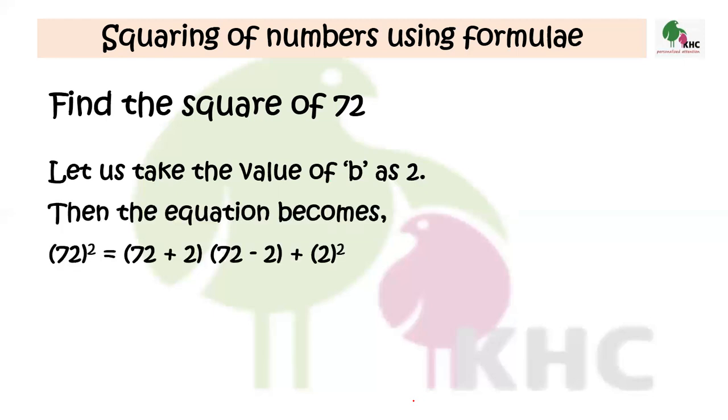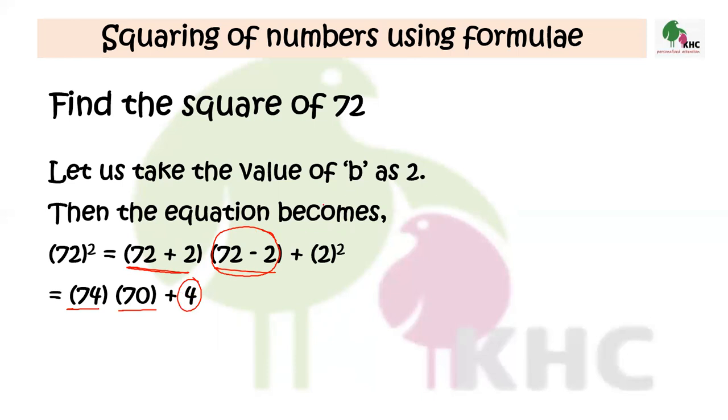Why 2? Because once we keep the value of b as 2, this becomes easier to solve because 72 minus 2 is 70. Now you know multiplying a number with 70 is easy because of the 0 present here. 72 plus 2 is 74. 72 minus 2 is 70. And the square of 2 is 4.